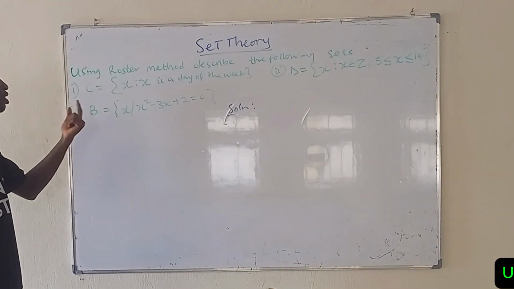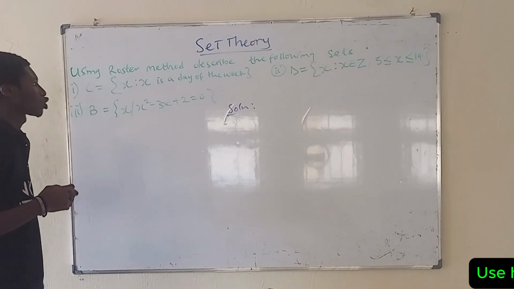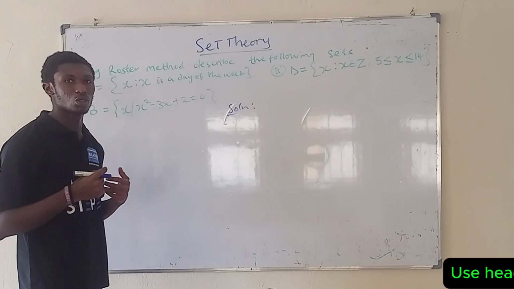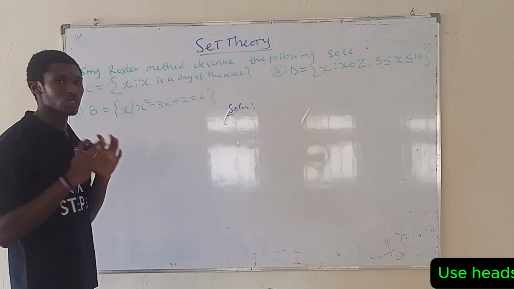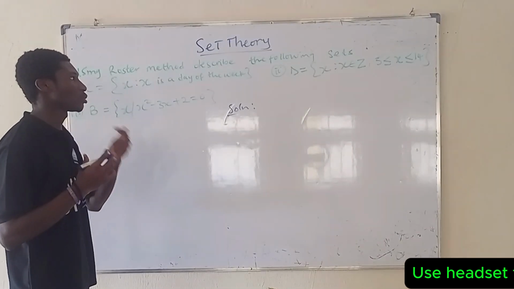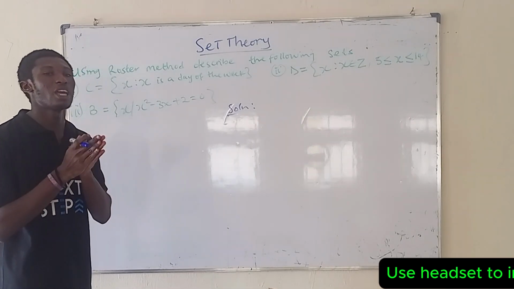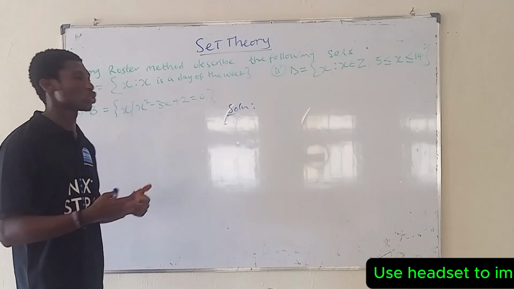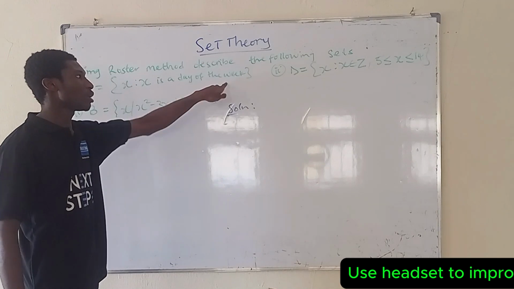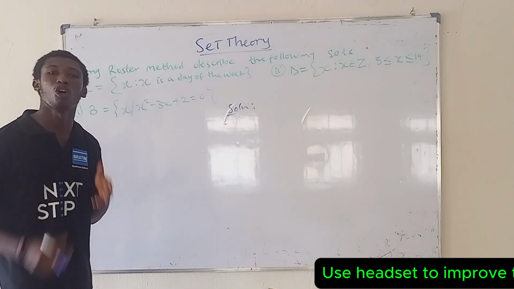The first one is the set C, a set of all x, so that x is a day of the week. Because we have "is" doesn't mean we are referring to only one. As we stated in the definition, set builder's notation specifies the property that a member or element of that set carries. So an element of this set C is a day of the week.